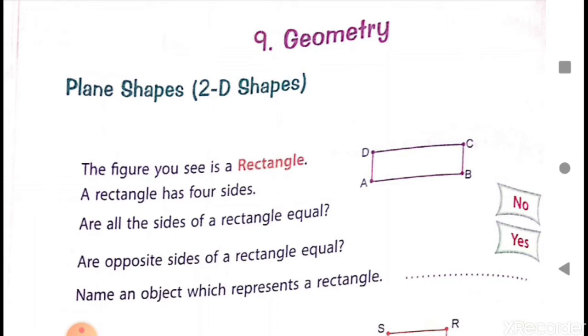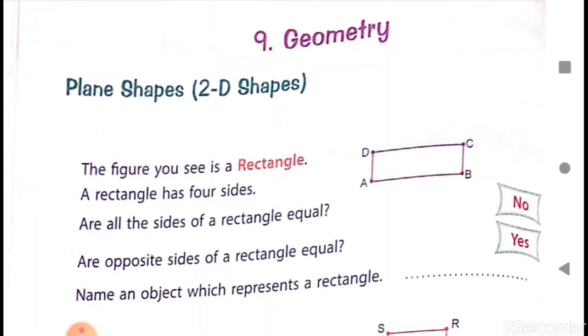Now in this figure, you can see that this shape has four sides. Okay, four lines are there. A to B, then B to C, C to D and D to A. So it has four lines. Now, are all the sides of a rectangle equal? You can see the shape.